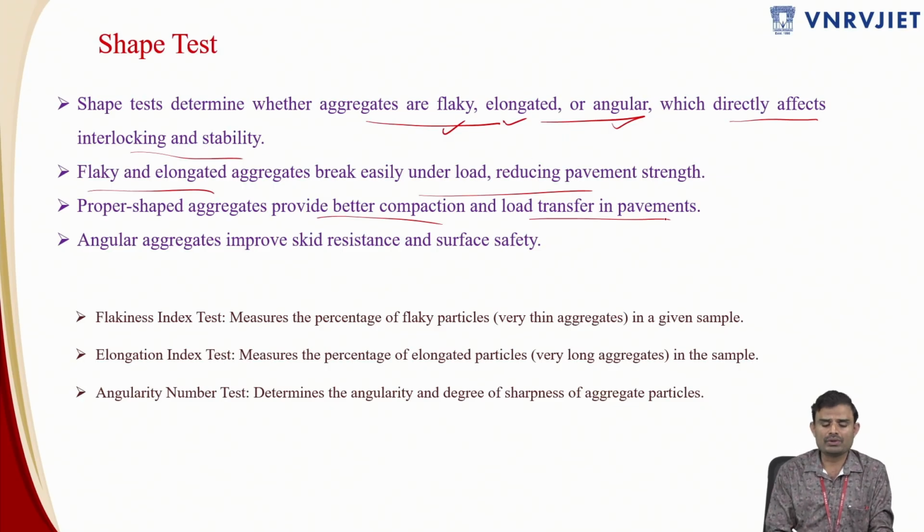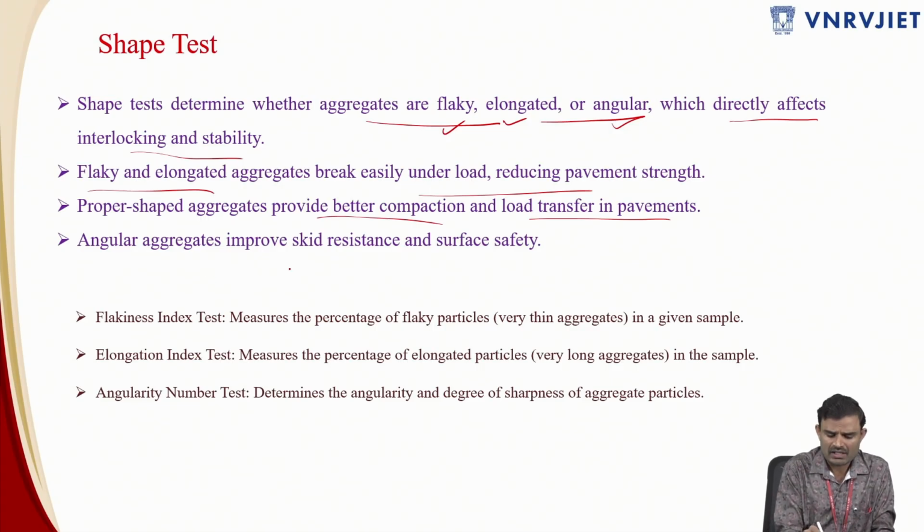That is why we look for the proper shape and size of the aggregate, not flaky and elongated particles. Of course, there can be some minimal amount of flaky and elongated particles, but there is a limitation on which we have to consider them or not. Then only we are going to allow that aggregate for further testing.